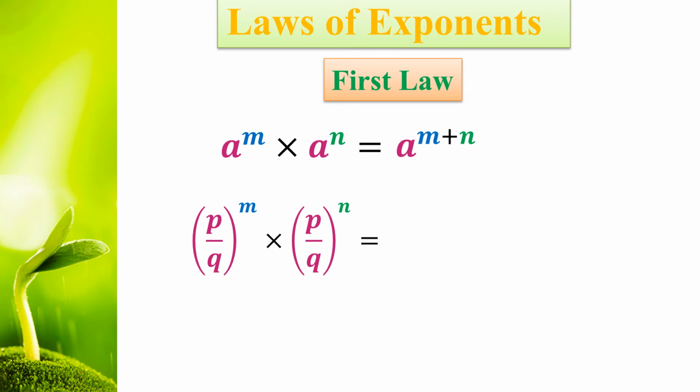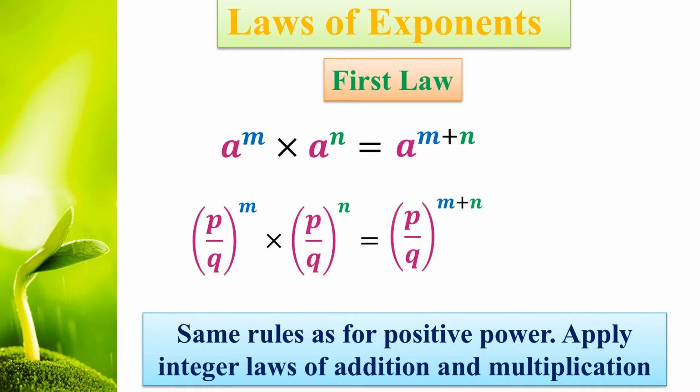If p by q is any rational number and m and n are any two positive integers, then (p by q) to the power m into (p by q) to the power n equals (p by q) to the power m plus n. Same rules as for positive power. Apply integer laws of addition and multiplication.